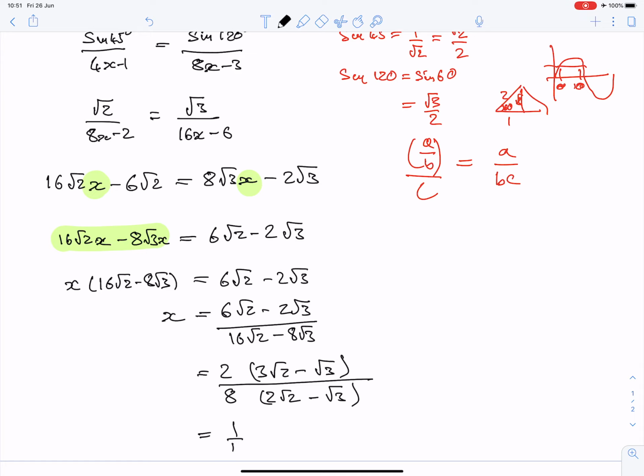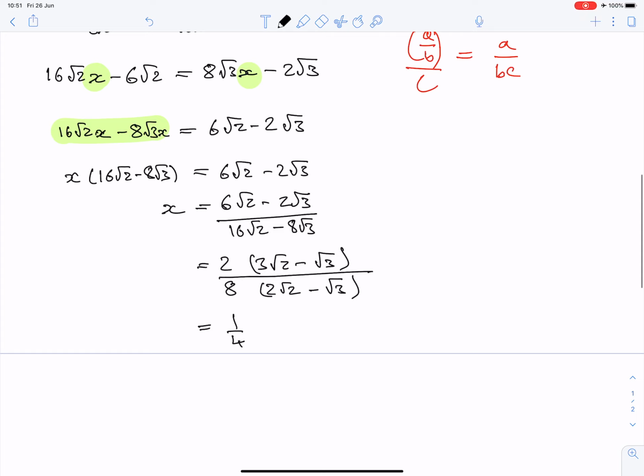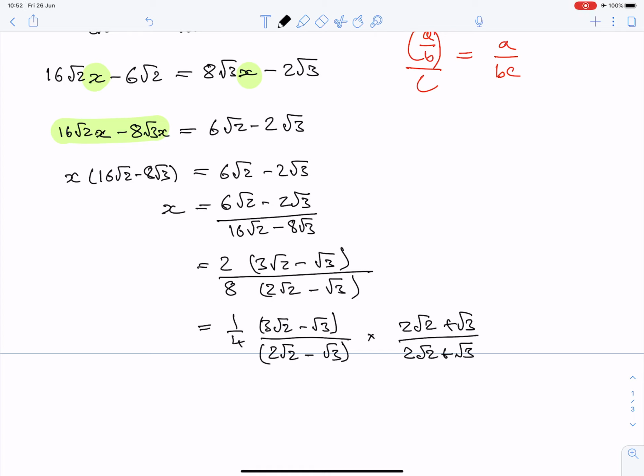So we've now got a quarter from the 2 over 8. And we want to rationalise, so we're going to multiply (3 root 2 minus root 3) and (2 root 2 minus root 3) by, we take the conjugate, so it's 2 root 2 plus root 3. We multiply top and bottom by the same thing, so we maintain the value of the fraction.